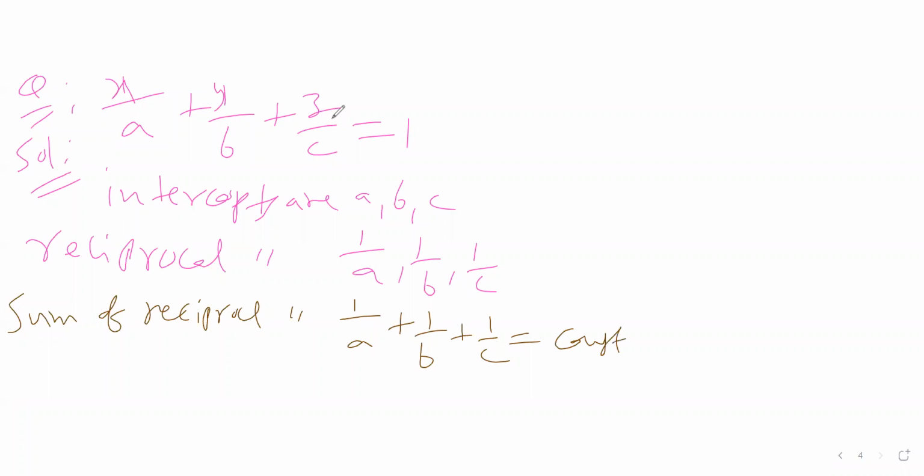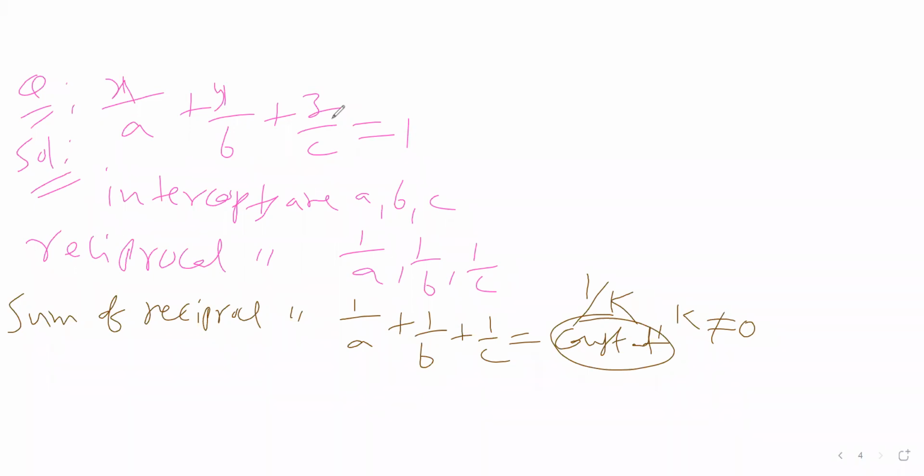This constant I am supposing as some K, but here the LHS structure is already in terms of 1 by, so I am supposing my constant also in the form of 1 by K, where K is not equal to 0, because a constant can be assumed in any manner. Otherwise, you may suppose it as K, no problem.